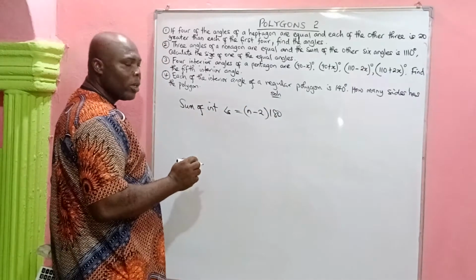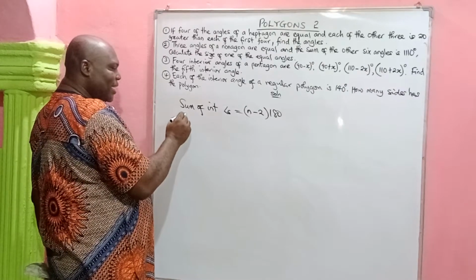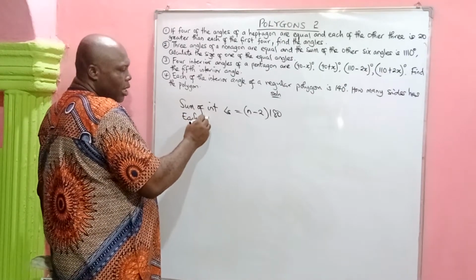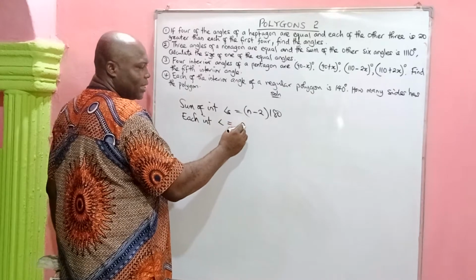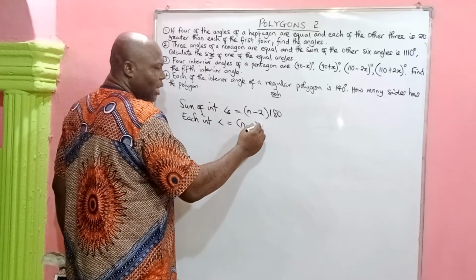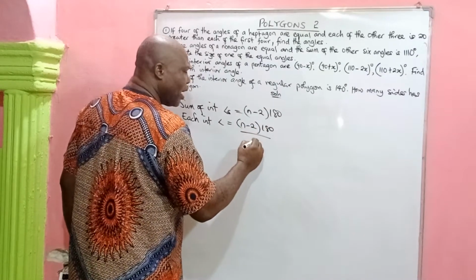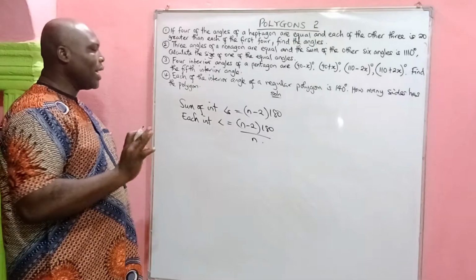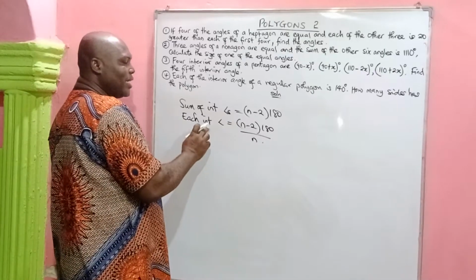That's the formula. And each interior angle is n minus 2 times 180 all over n. That is the formula for looking for each interior angle.